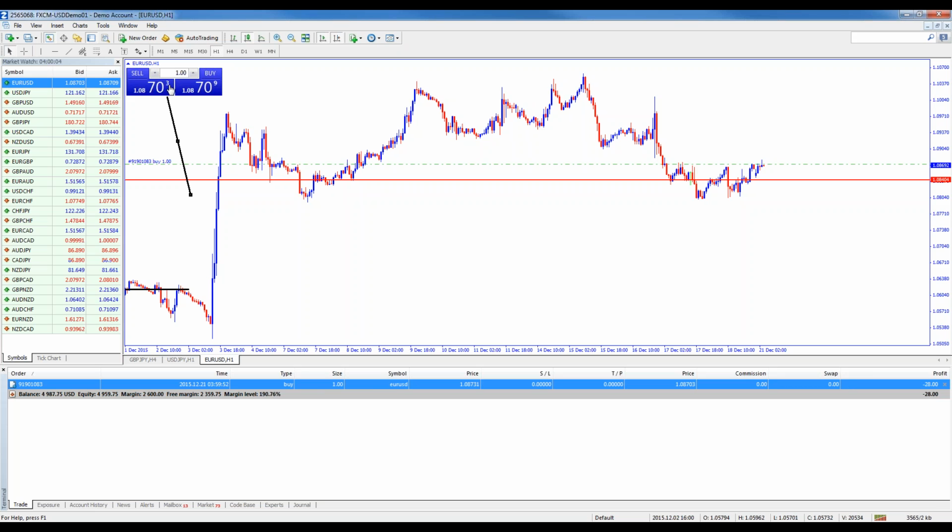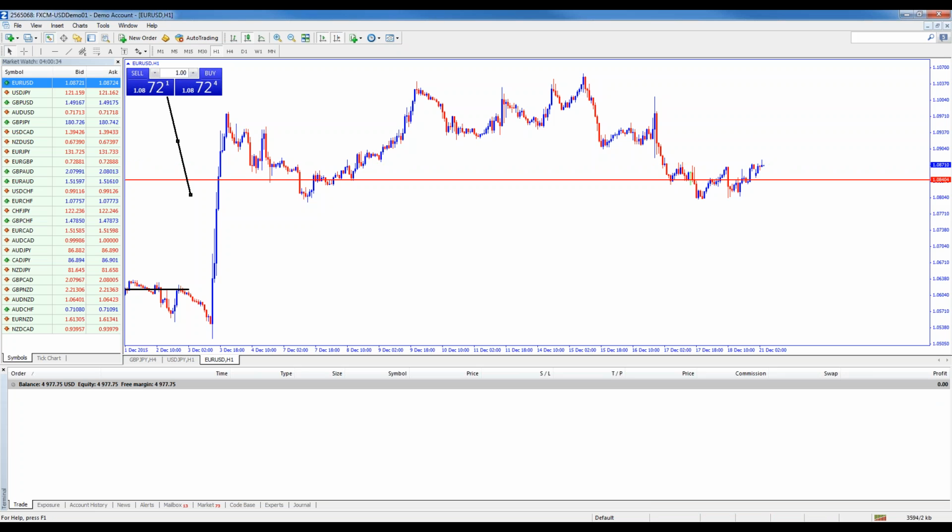Each sub pip is $1. So there are 10 sub pips within 1 pip, 10 increments of $1 to add up to 1 pip, which is $10. So when 71 goes to 72, that's 20 bucks. That is a lot size. There are 3 lot sizes, and that's how that works.